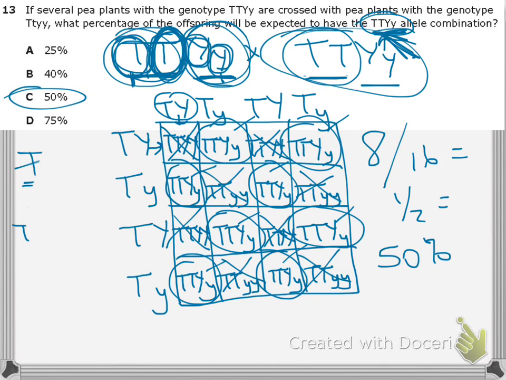So we only really needed to do the part for the big Y, little y, because there's no other choices that could happen from that big T combination.